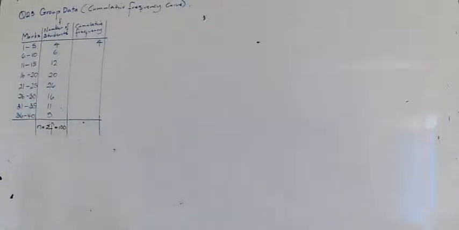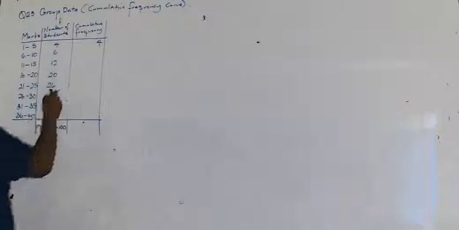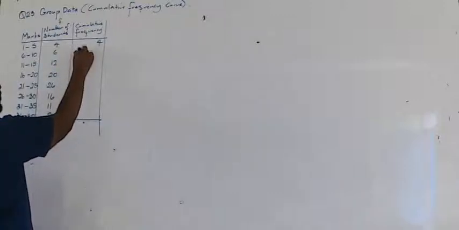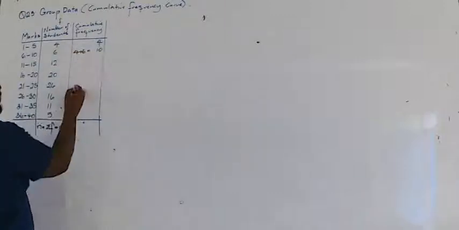Now cumulative frequency, to get that, what you're going to do is add the frequency as you go down. So let's add. This is 4 plus 6, at this level it is 10.